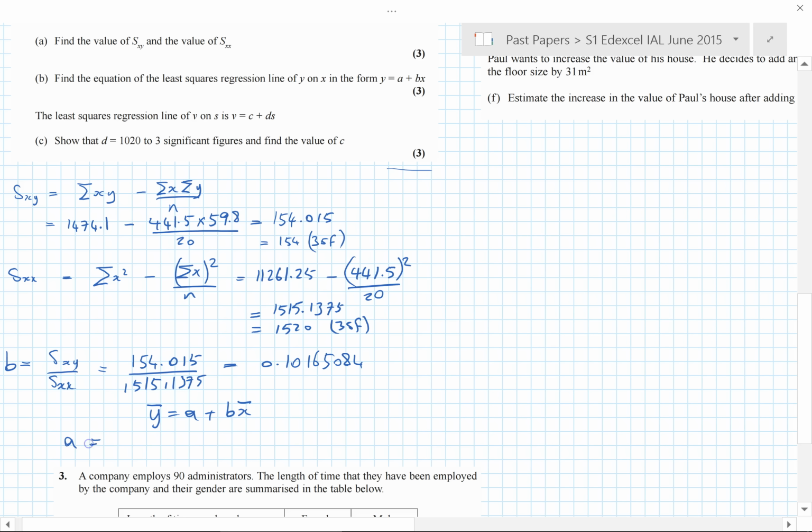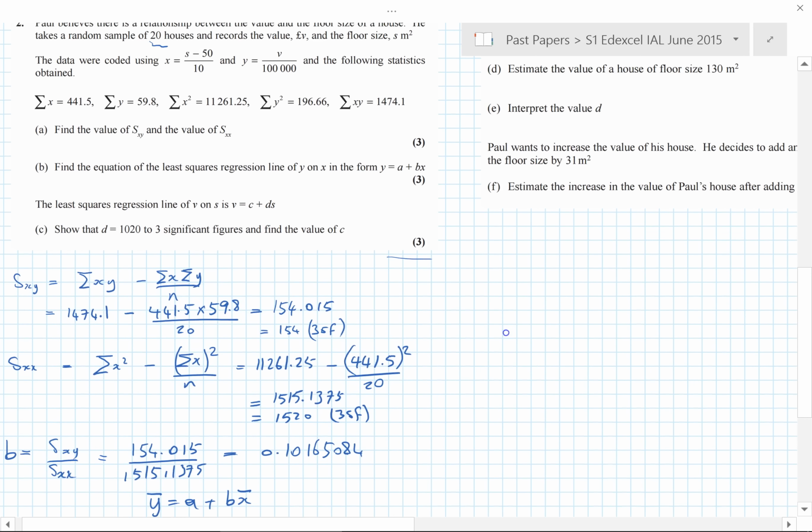So we have a is equal to y bar minus b x bar. It is in the formula book if you prefer, but sometimes it's just as well to think about why it's equal to that. Anyway, so we've got a equals y bar minus b x bar. So we do need to work out y bar and x bar.